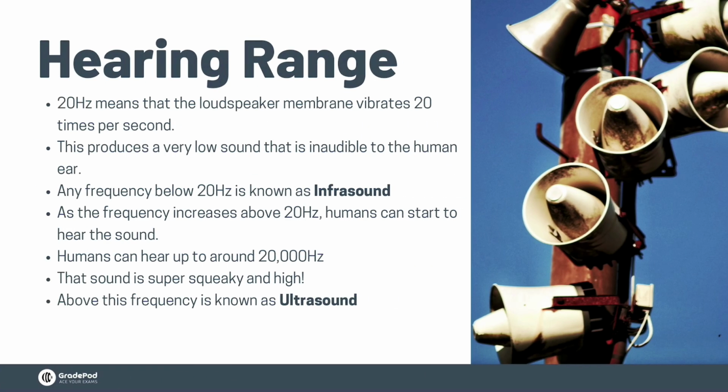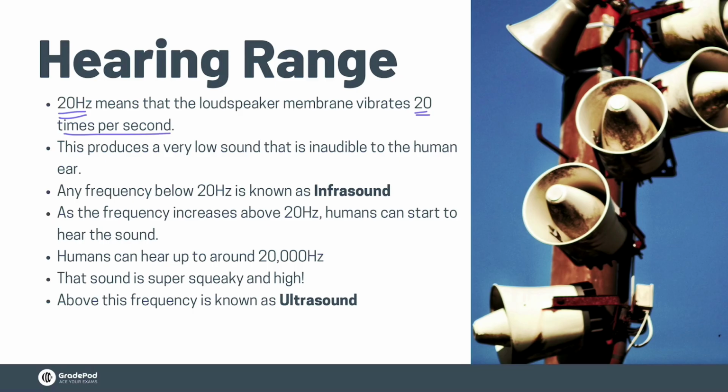Now, if that vibration is done at less than 20 hertz, and by 20 hertz that means, let's take the loudspeaker for example, because we've got some loudspeakers here. If the loudspeaker membrane vibrates 20 times per second, that means it's got a frequency of 20 hertz. This produces a very low sound that is almost inaudible to the human ear.